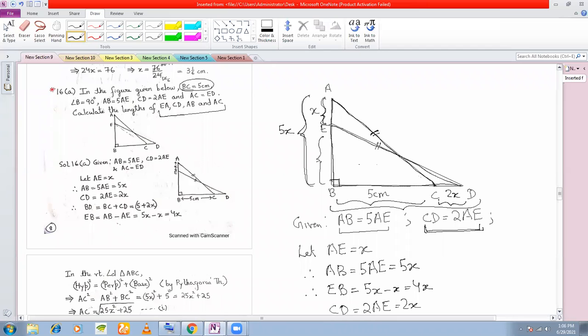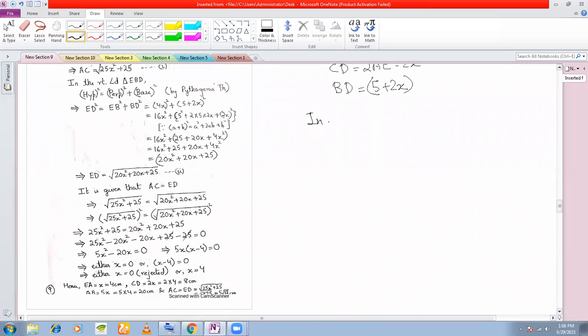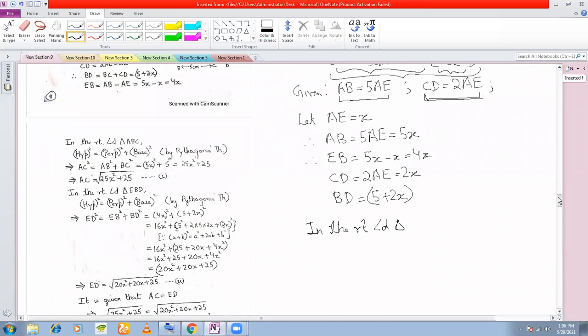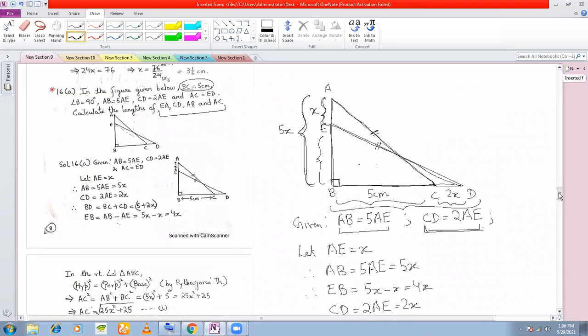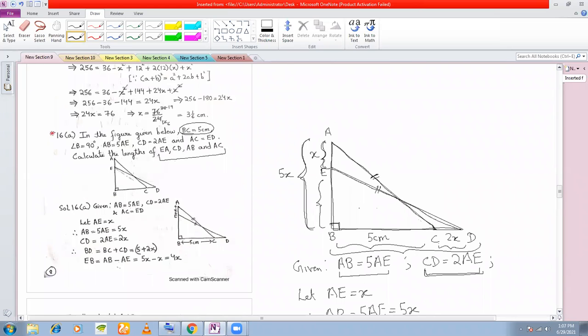In this right angle triangle, which one is the hypotenuse? ED is the hypotenuse. Let us find out the length of ED. In the right angle triangle ABD. Hypotenuse square. Which one is the hypotenuse? This length. ED is the hypotenuse.